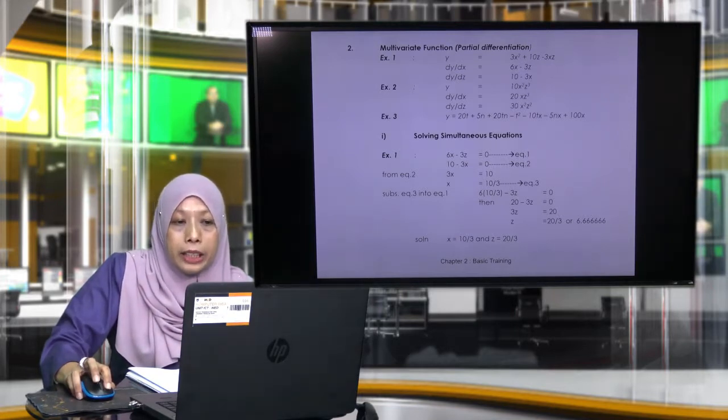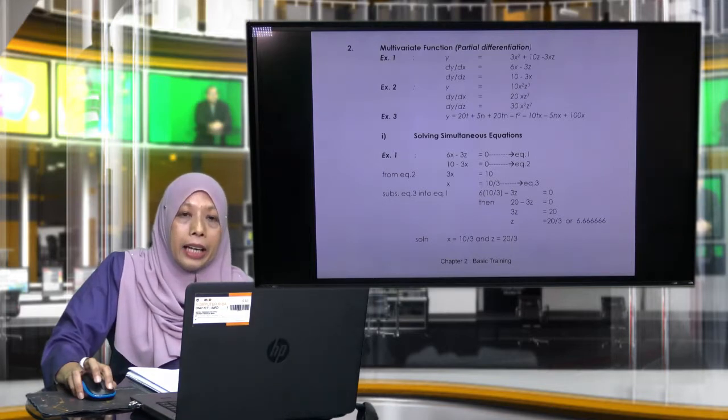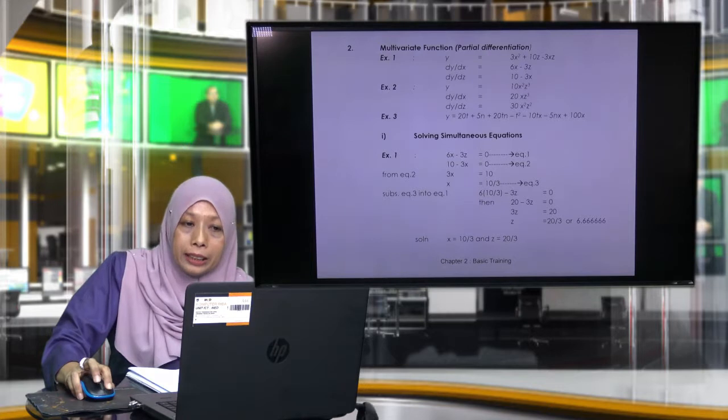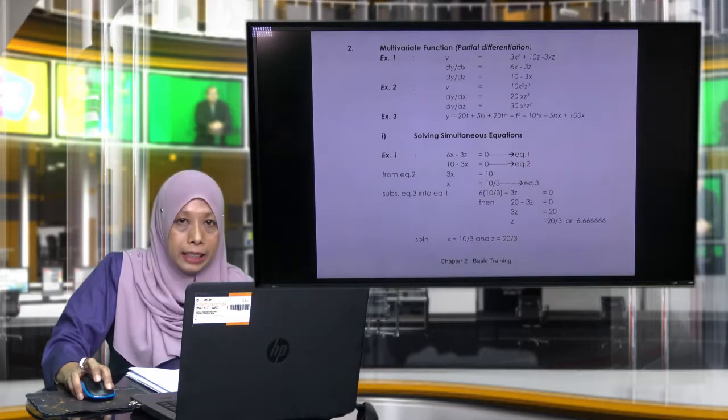So let's look at the first subfunction. You have 3x squared. Now remember, you want to differentiate with respect to z. And what are you going to do with x? You have to assume x as a constant. So 3 is already a number, and x you are assuming as a number, so this whole subfunction is a number.